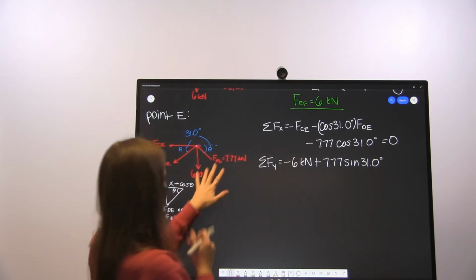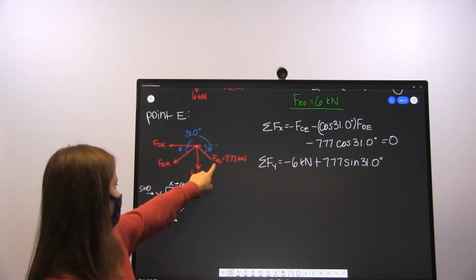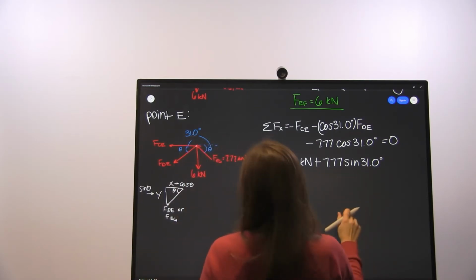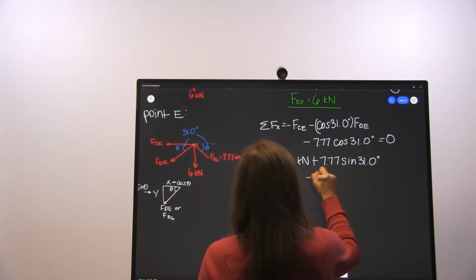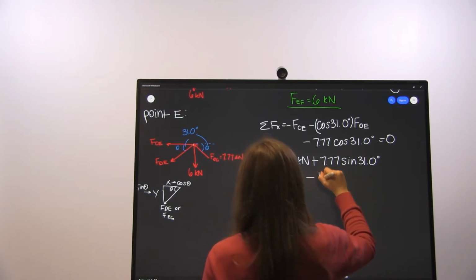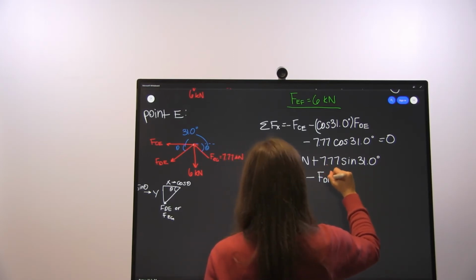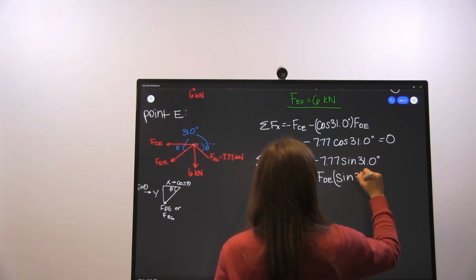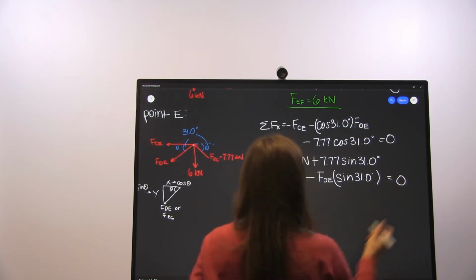This is the y component for our force EG, and then minus force DE times sine of 31.0 degrees, and that's equal to 0.